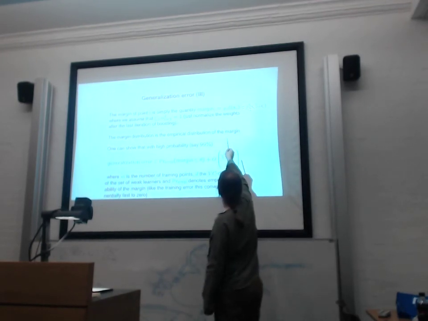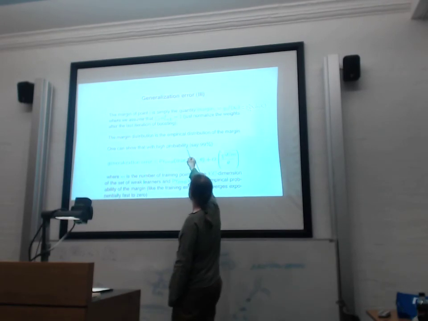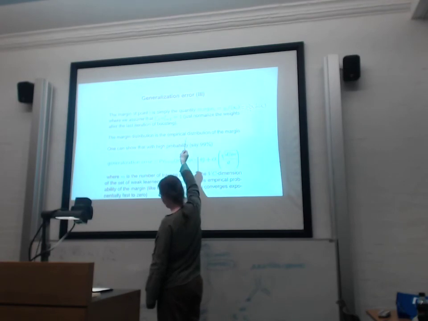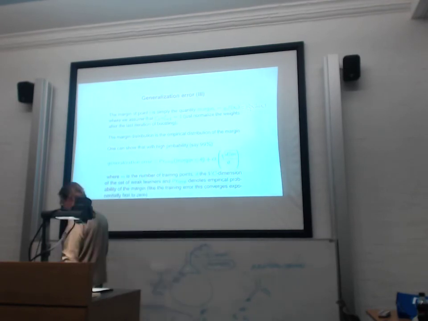If we call this the margin, where y_i is the label, f(x_i) is the value which we give x_i. After we finish boosting, we normalize the alphas. We call that the margin.